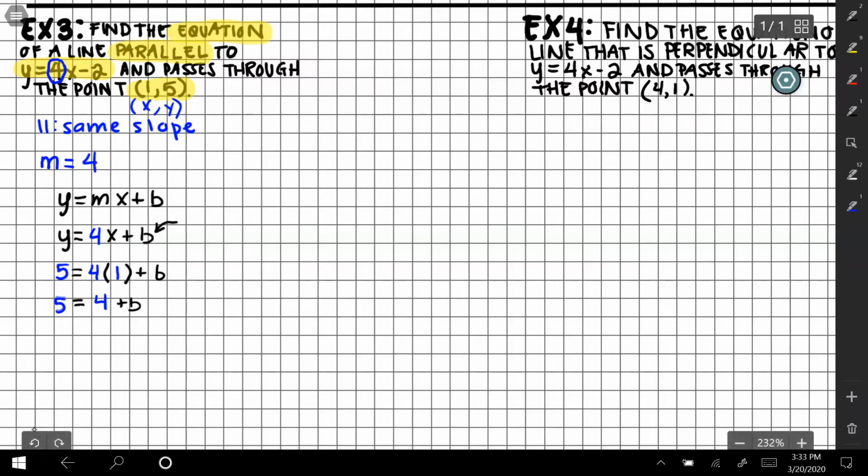I'm going to subtract 4 from both sides. That's going to cancel. And I'm going to have b equals 1.